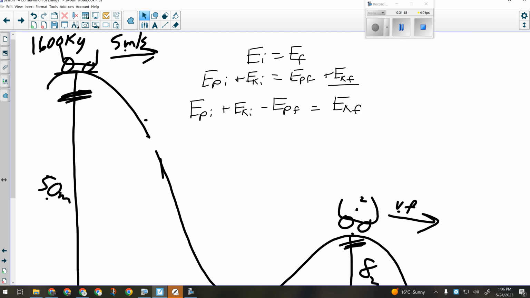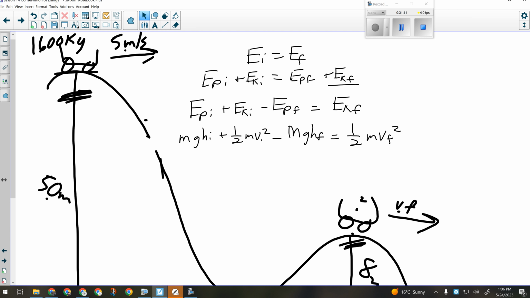Now I can plug in my formulas. So the formula for potential: m times g times h initial, plus 1/2 m v initial squared, minus m times g times h final equals 1/2 m v final squared.